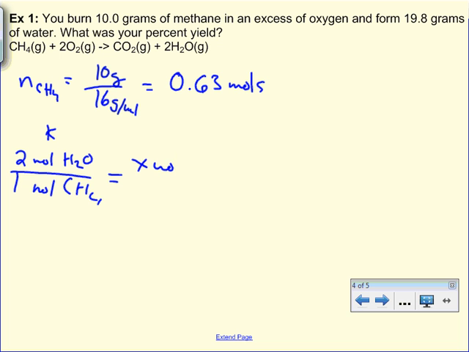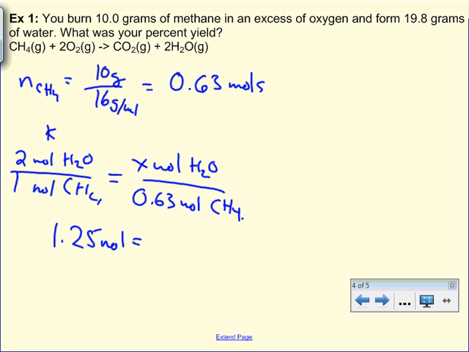So X moles of H2O, and I have 0.63 moles of methane. Cross multiply, and I'm going to get 1.25 moles, and that's equal to X moles of water.